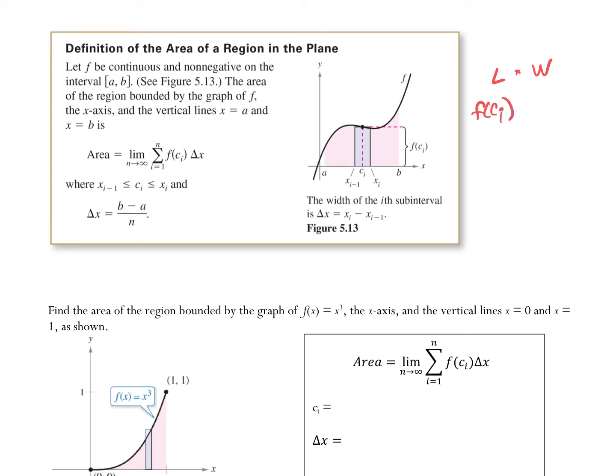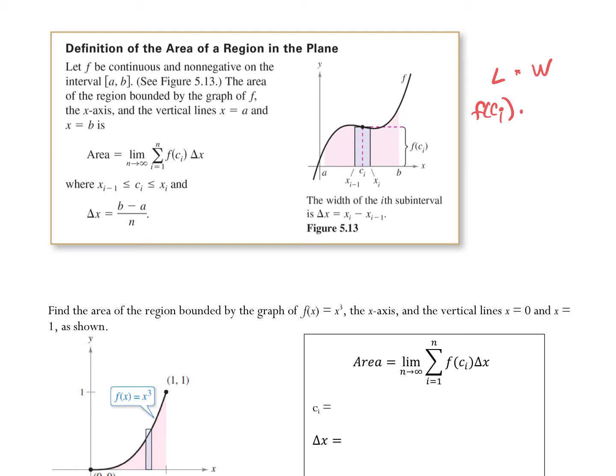And the reason we use that CI is so we can use this summation notation, because sometimes we're talking about the first rectangle, and then the second rectangle, and then the third rectangle. That's the only reason why we use CI instead of just C.